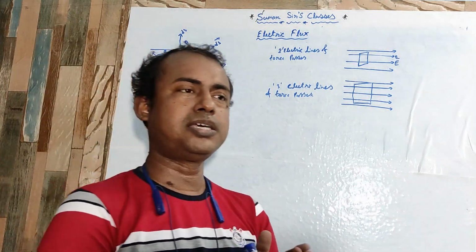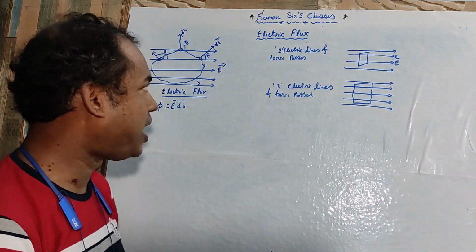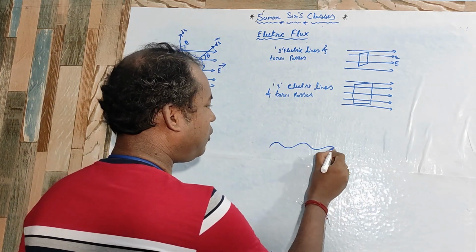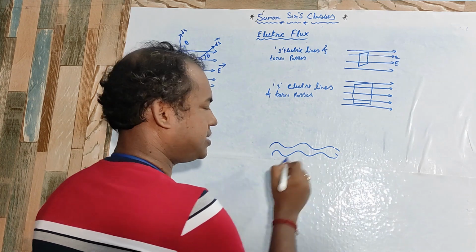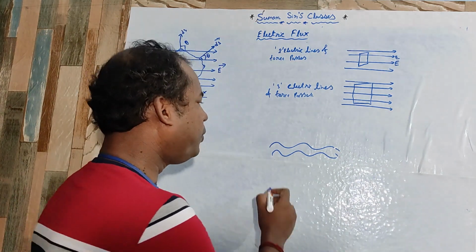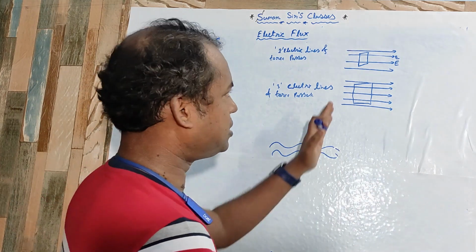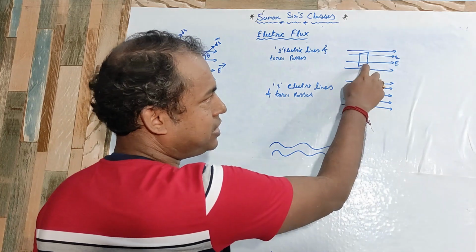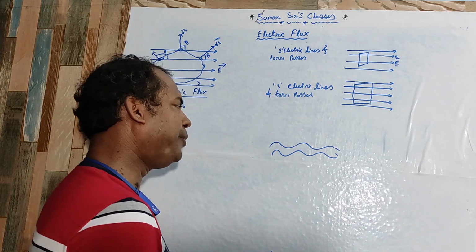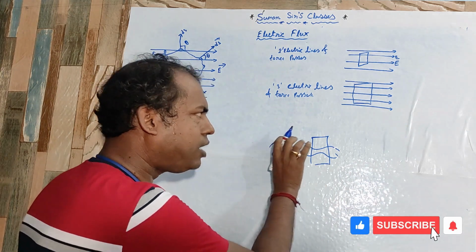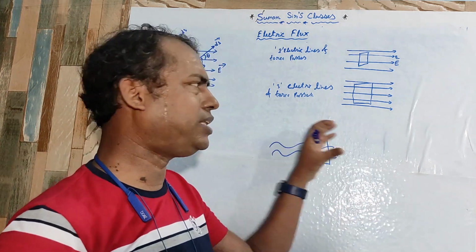So what is the meaning of flux? Consider that water can flow in a forward direction. It may be water or any type of fluid. When the fluid is flowing and we place a window like this, a certain quantity of water can easily pass through the window.